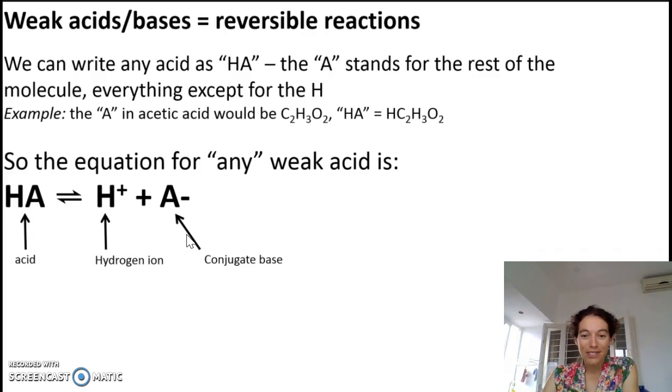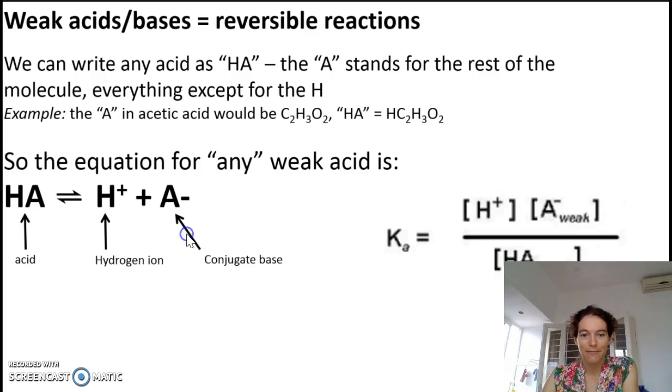If you're not sure about conjugate bases, go back and watch the last video, part 2, where we really talked about conjugate acids and conjugate bases. And so we can write the Ka expression: the concentration of the hydrogen ion, the conjugate base, and the acid over here. Remember, there's a water that's involved over here and makes an H3O+, but we don't worry about waters.